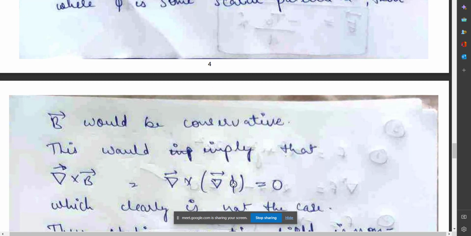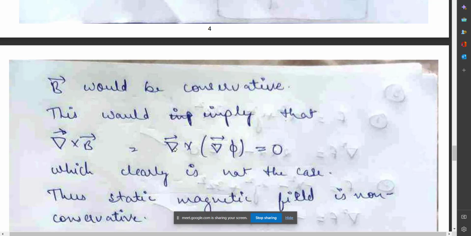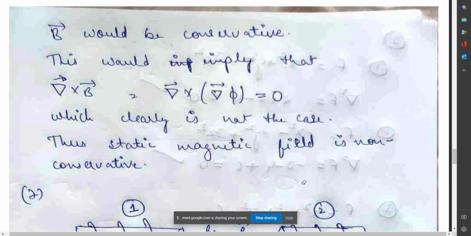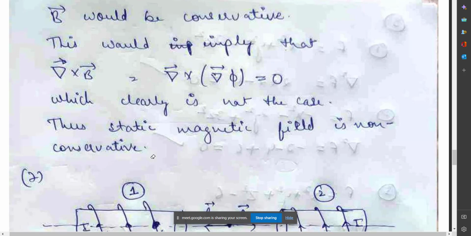This would imply that del cross B vector will be equal to del cross gradient of phi, which will be equal to 0. But this is clearly not the case. So static magnetic field is non-conservative in nature.